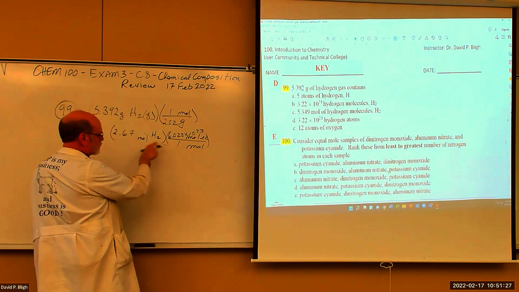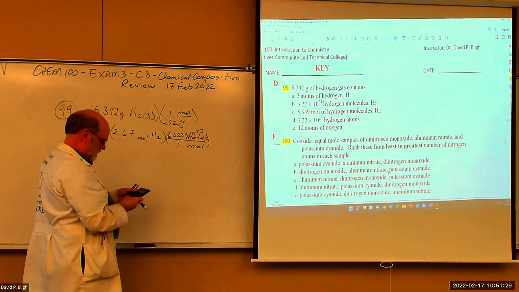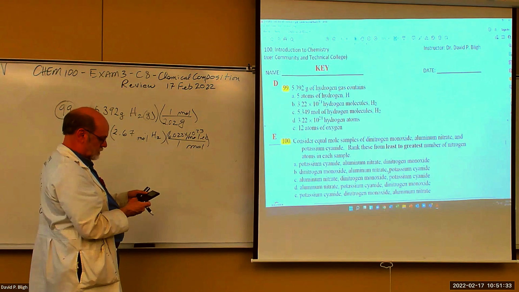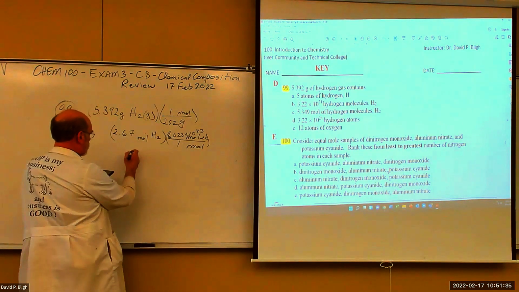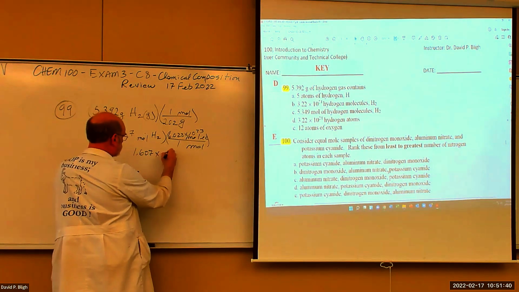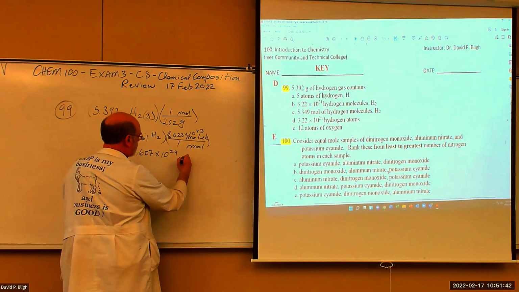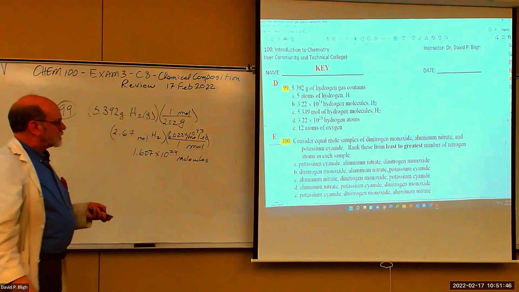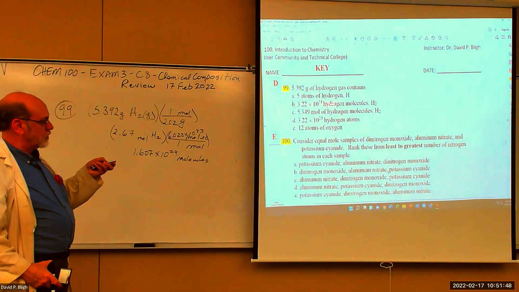And then molecules of the gas would be 6.022, Avogadro's number. Yeah, okay, I did it wrong. 1.607 times 10 to the 24th molecules. Okay, so it can't be hydrogen molecules.